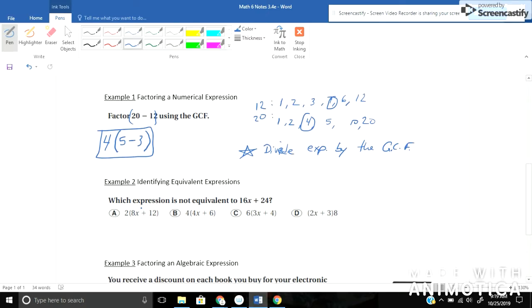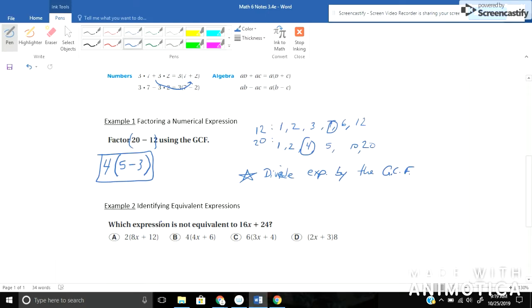And this time it says, which expression is not equivalent to 16x plus 24? Okay, so let's go ahead and factor this like we did the last problem, and see what is the GCF of 16 and 24. Well, factors of 16 would be 1 times 16, 2 times 8, and 4 times 4.